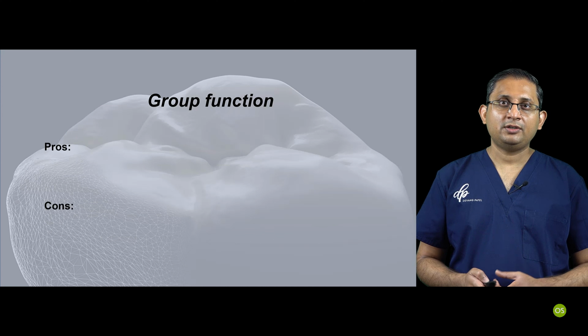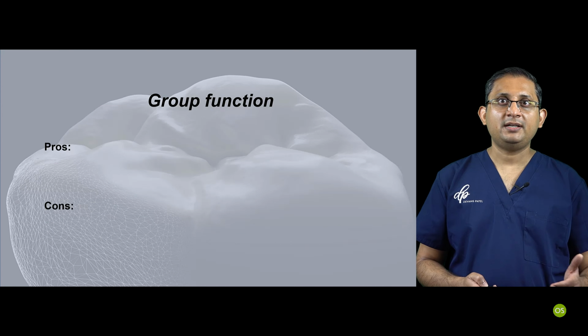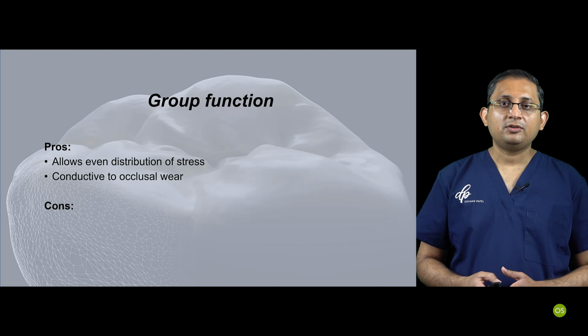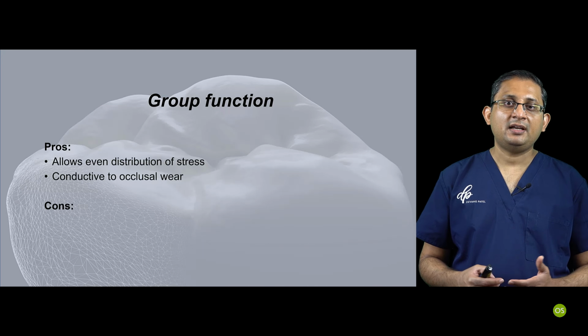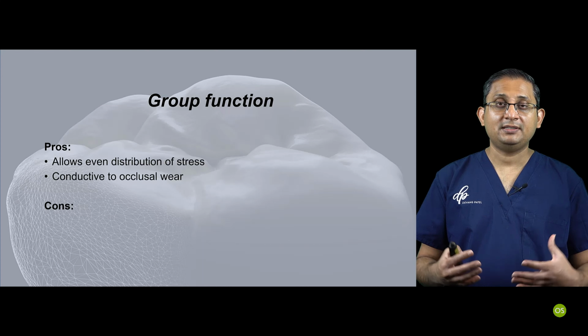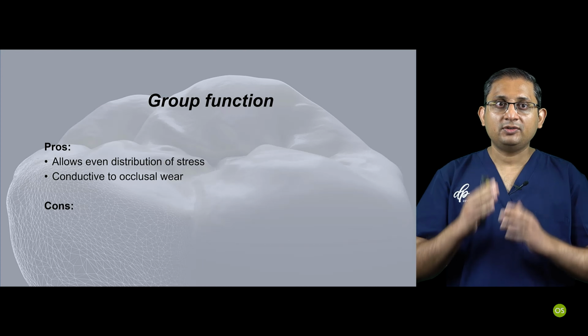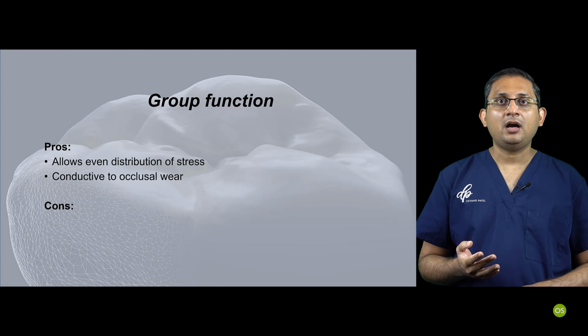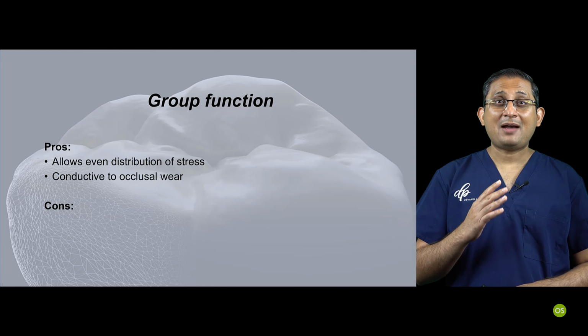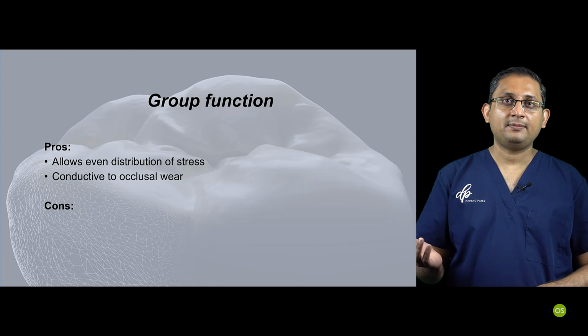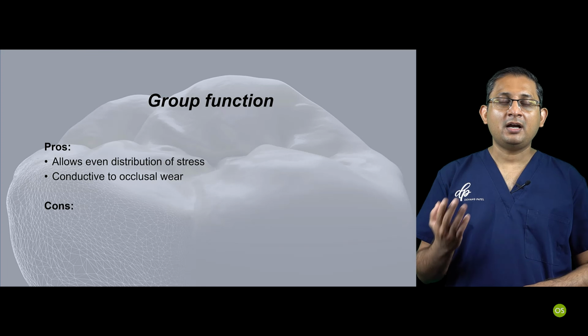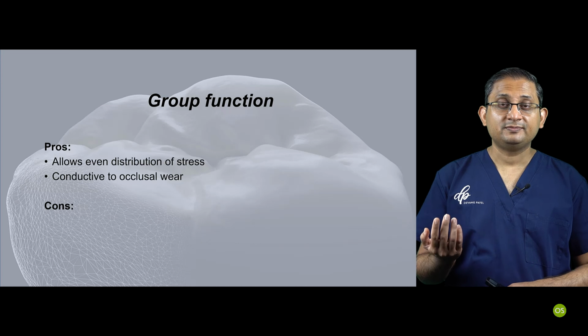What are the advantages and disadvantages of using group function? The advantage is that it allows distribution of stress, as we discussed before, and it's conducive to occlusal wear. If you just have canine guidance, over time the patient wears down that canine, and the guidance will go somewhere else or become a group function.